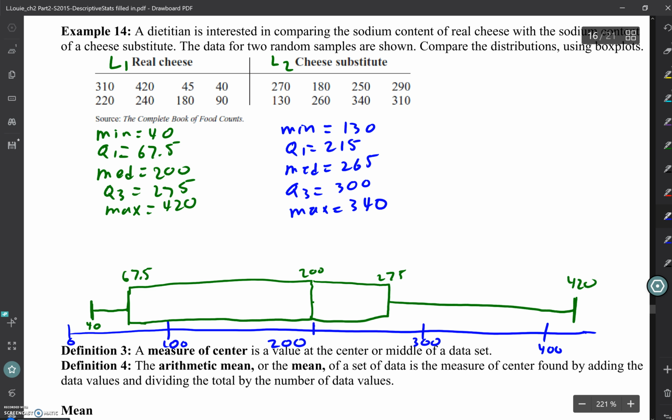Now, based on that same spacing, I'm going to try to make the one for the substitute. So at 130 for our minimum, and we want to go to 215 for our quartile 1.